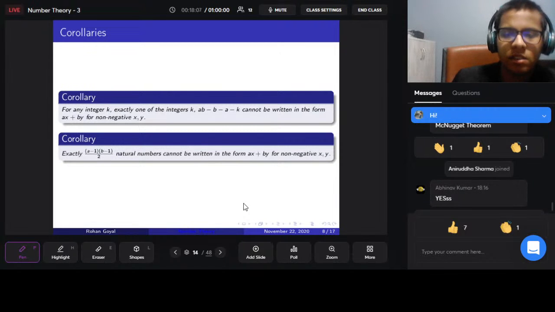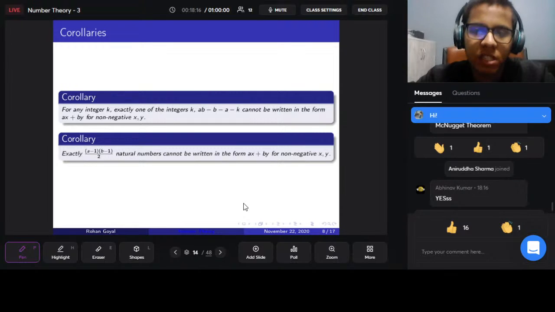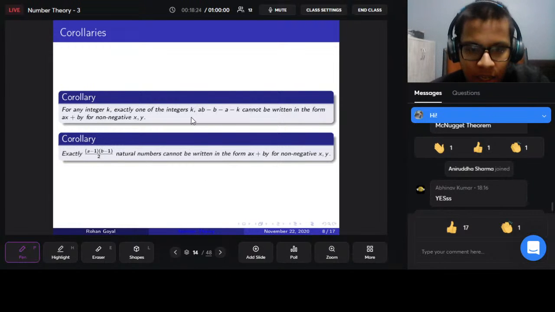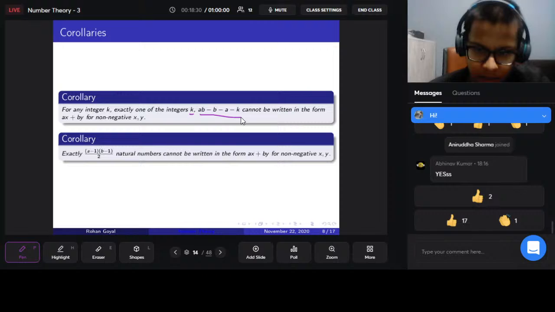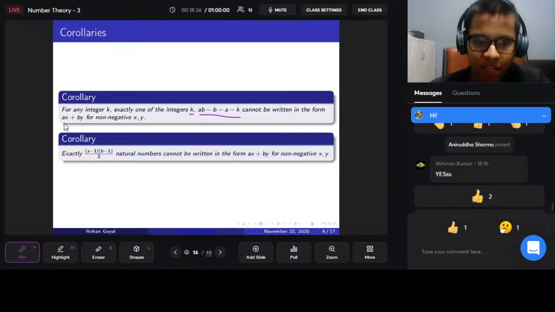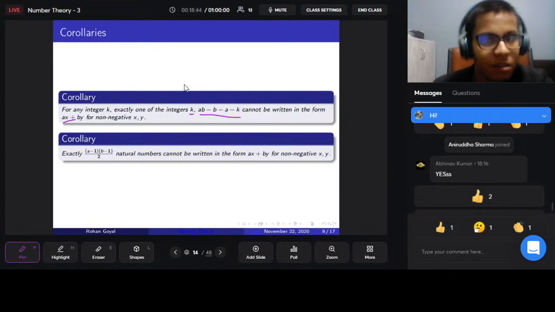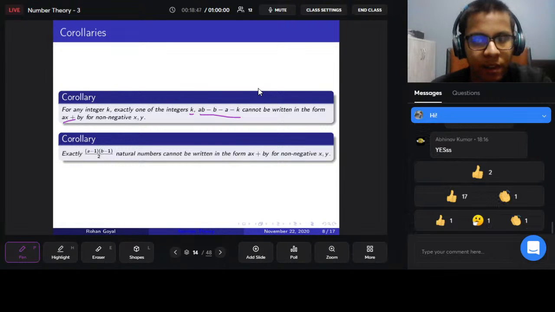Now these are two corollaries which I won't be proving right now, but these are things you can try proving on your own. Also, both of these are proven on the AOPS thread, so you can check that out as well. We can show that for any integer k, exactly one of k or ab minus a minus b minus k cannot be written in the form ax plus by for non-negative x, y, and the other can.